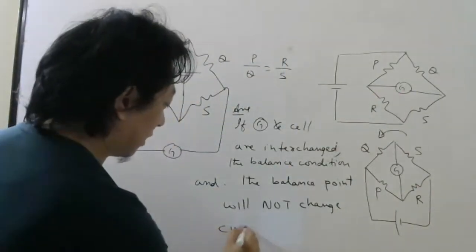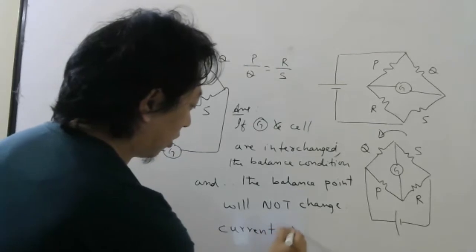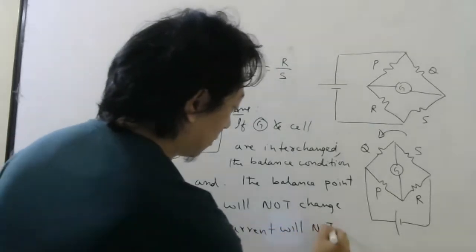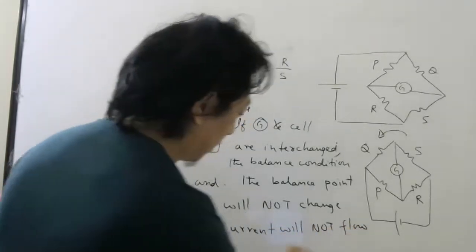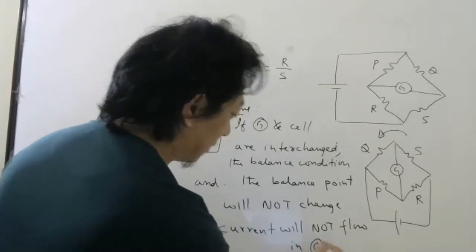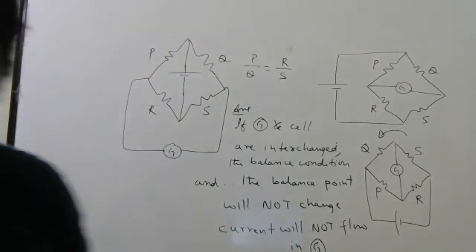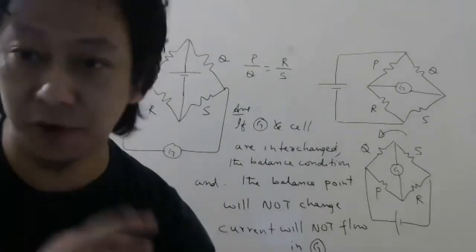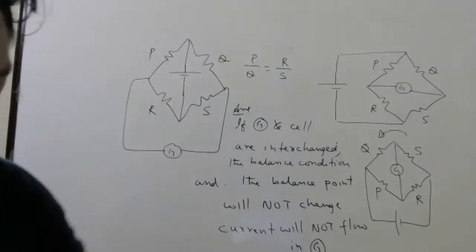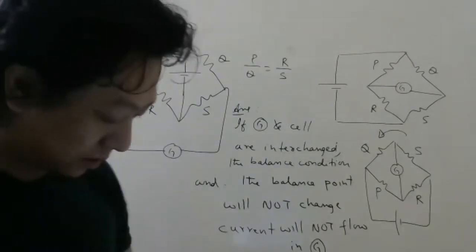They were asking whether current will flow or not. Current will not flow in the galvanometer, because it was balanced before. So afterwards also it will remain balanced.